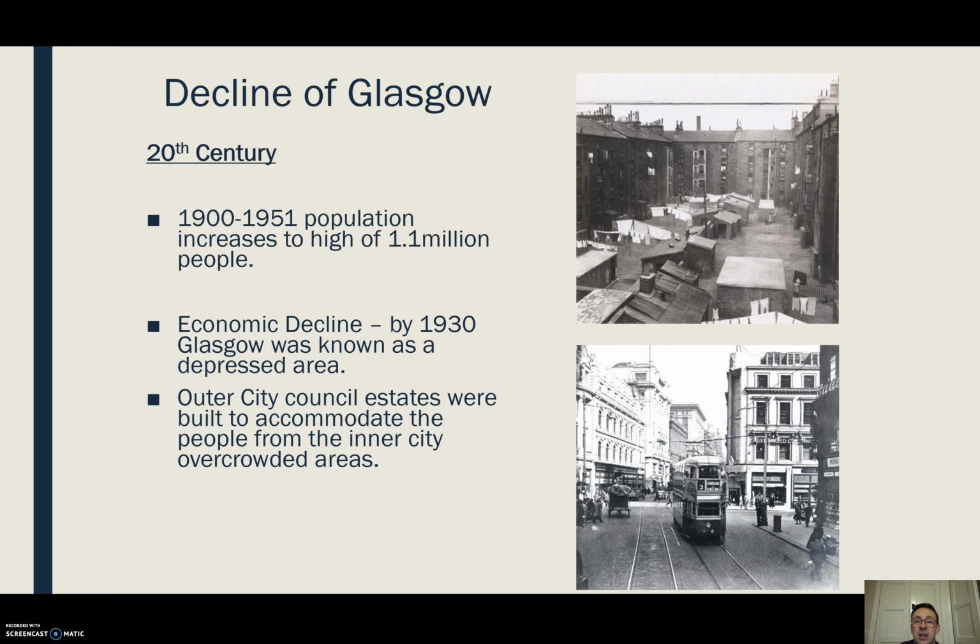Particularly post-World War II, when heavy industry really goes into decline in Glasgow, we start to see people leave the city who can, and for those who can't, we see the areas where they used to live, for those who worked in heavy industry, fall into rapid decline. And the last little stat I've got here, over the course of the 90 years between 1990 and 1991, we're seeing a decrease in the population of around about 500,000, and that's extremely significant.